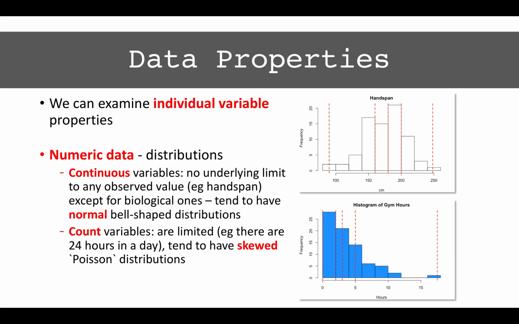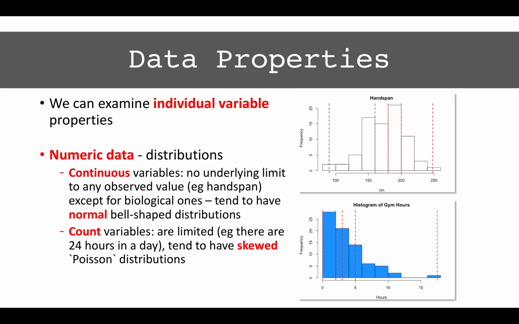And this raises an important point. Continuous variables are those which have no theoretical underlying limit. So in theory, handspan could take any value. There are going to be biological limits, but variables that are continuous, that can take, with no theoretical underlying limit, tend to have normal or bell-shaped distributions. Whereas count variables, which are limited, there are only 24 hours in a day, there are only so many people that live in a census area, tend to have skewed or what are called Poisson distributions.